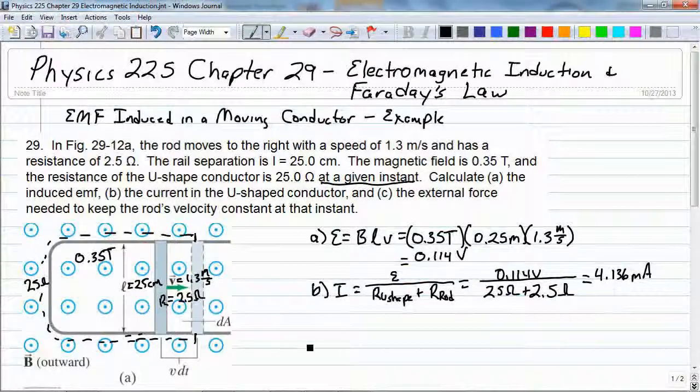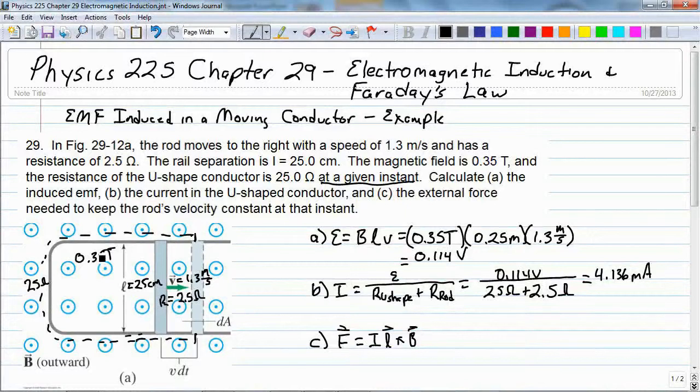And to find the force, well, we can just use the current through a magnetic field equation from chapter 28. So the force is going to be equal to, this would be the cross product if we had the force as a vector, I times L vector cross B vector.